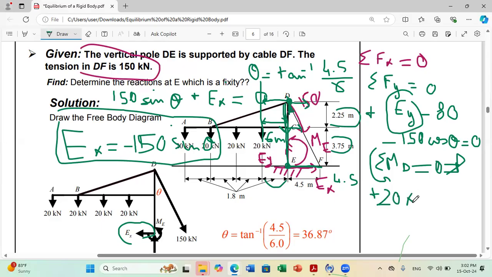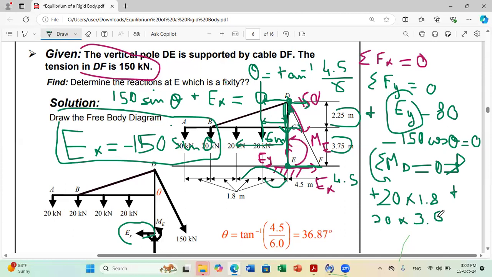If you consider the second force, the only difference is the distance. Instead of just 1 times 1.8, you have 2 times 1.8. So you have plus 20 times 2 times 1.8, so the distance now is 3.6 meters.